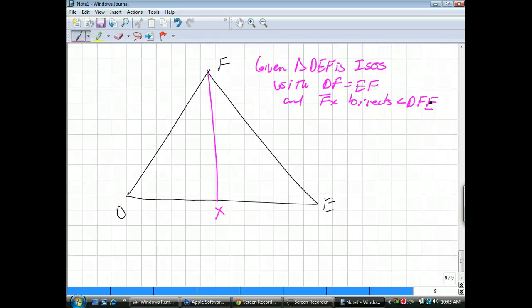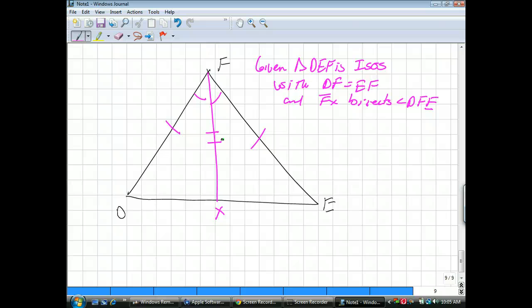Okay. Then we know that because it's isosceles, we know this is congruent to this. And we know that this is congruent to this. And we know this is congruent to itself. So we know that triangle DFX is congruent to triangle EFX.